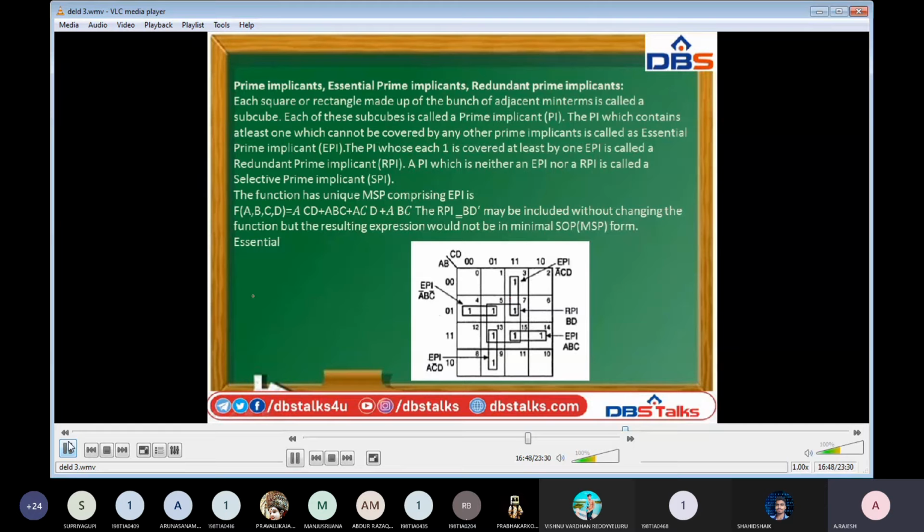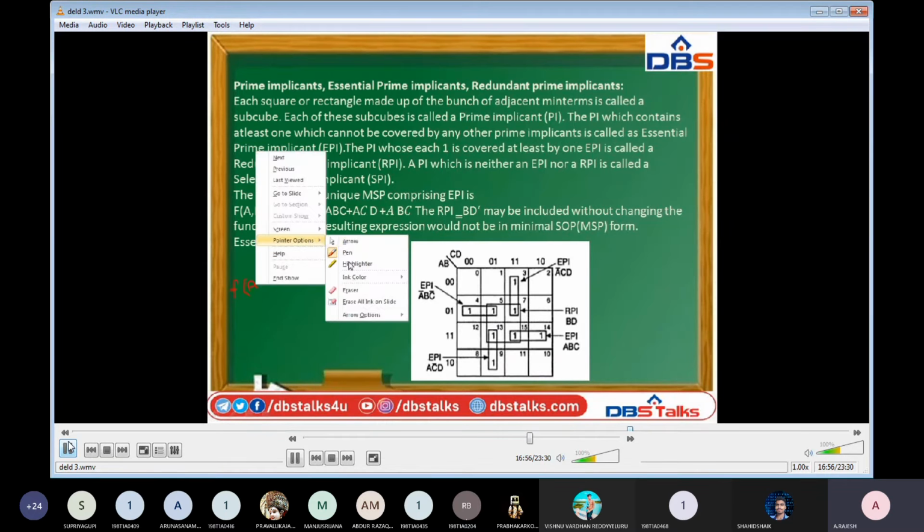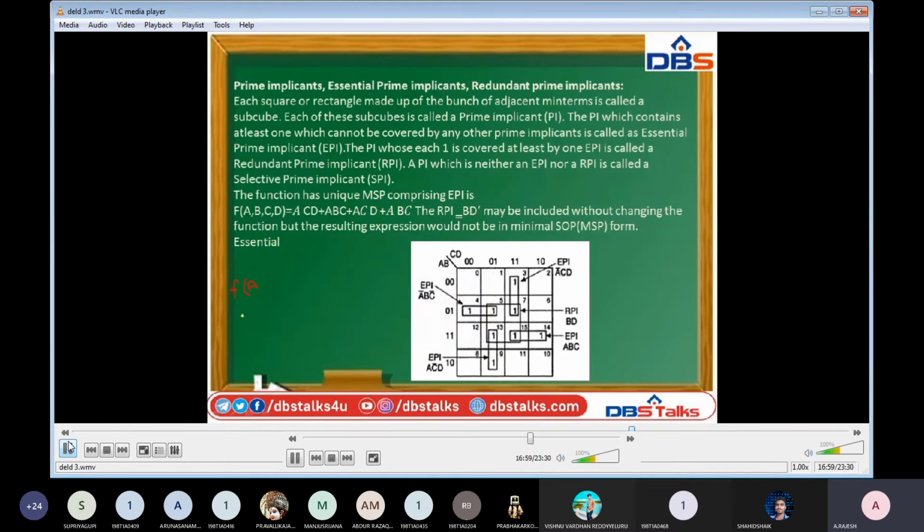Here in this problem, f of A, B, C, D is equal to, they have given like this.